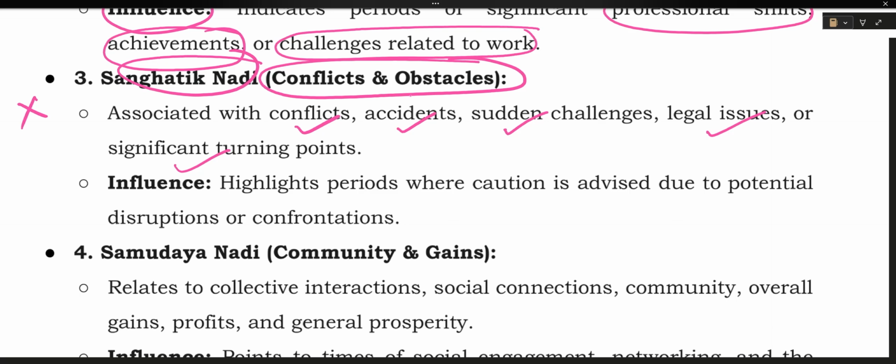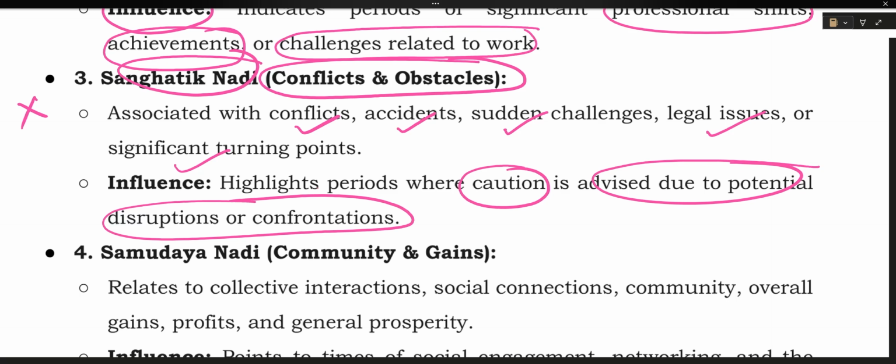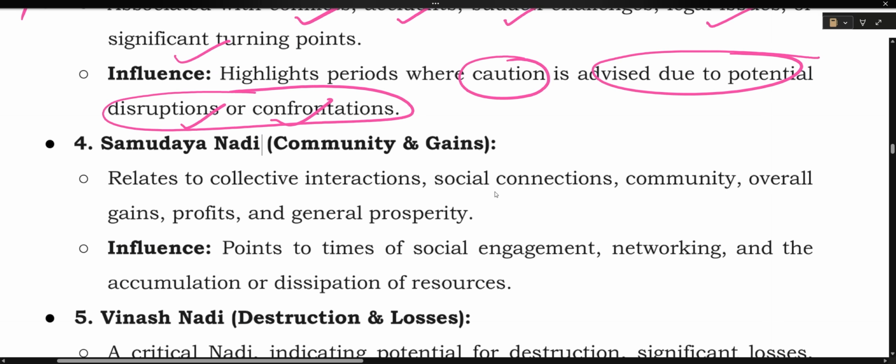So whenever a planet transits in this Sankhatik Nari or Sankhatik Nakshatra or Sankhatik Tara, that will give you conflicts, accidents, sudden challenges. So you need to be very cautious, and you are advised of potential disruptions and confrontations. So this is the significance of the Sankhatik Nari.